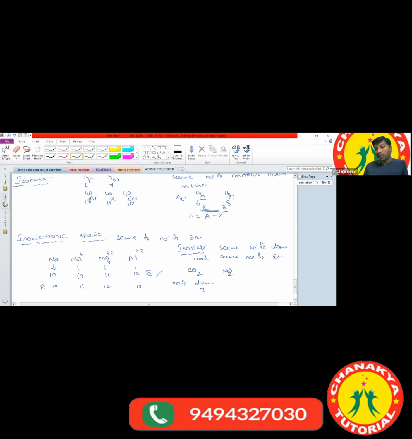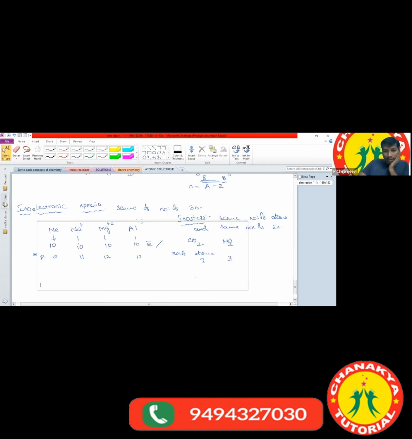Number of atoms present in N2O? 3. The total number of electrons in carbon dioxide?